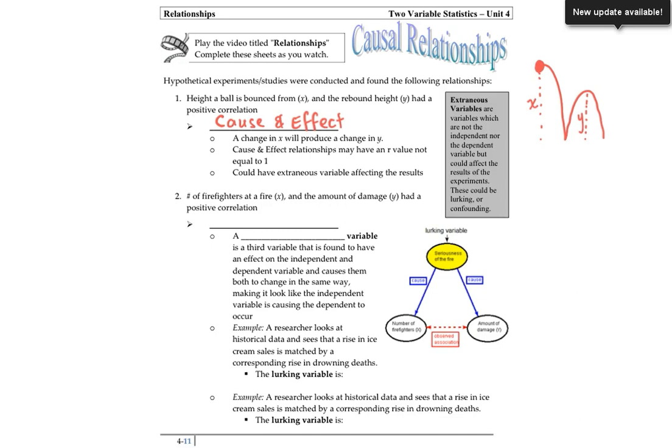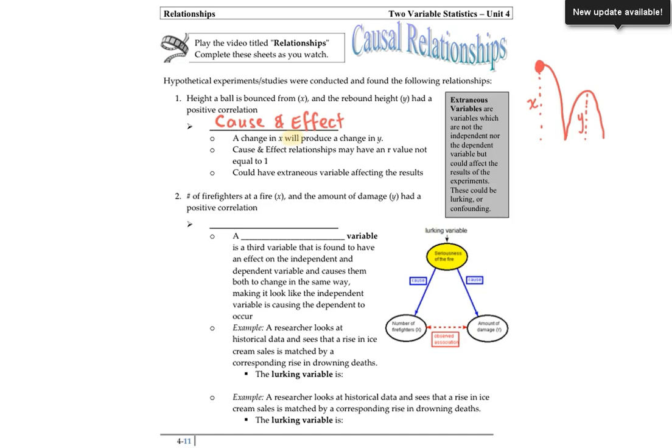So you may not get an exact correlation of 1, but there could be something affecting the results. So that is a cause and effect relationship. That means a change in X will produce a change in Y. And the key word here is will. It absolutely will produce. Not may, but will.